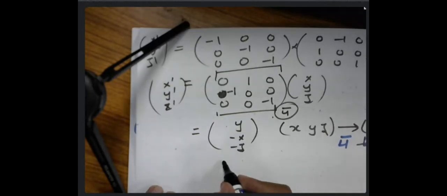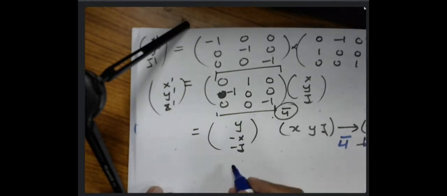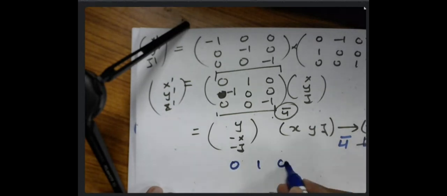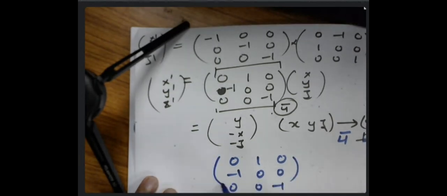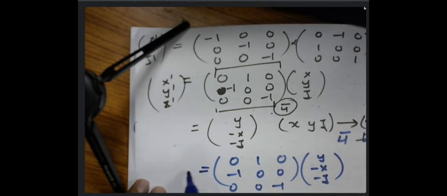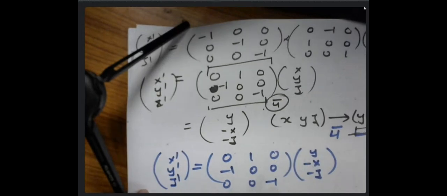We just take this W, 0 1 0, minus 1 0 0, 0 0 minus 1. Our point obtained was y, x bar, z bar, and it will equal the new point, let us call it x dash, y dash, z dash. Do its multiplication again.